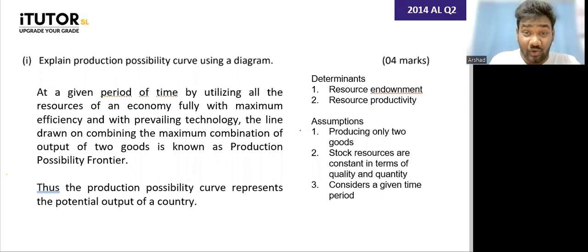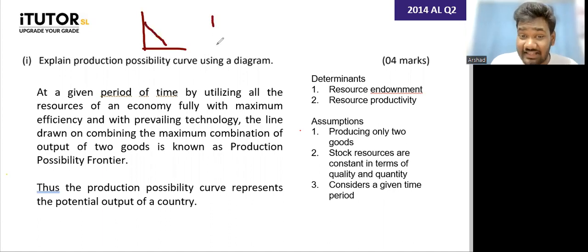But you also have to talk about the diagram, guys. So you need to say the slope of a PPC depends on the opportunity cost. A PPC with constant opportunity cost would have a straight line slope.